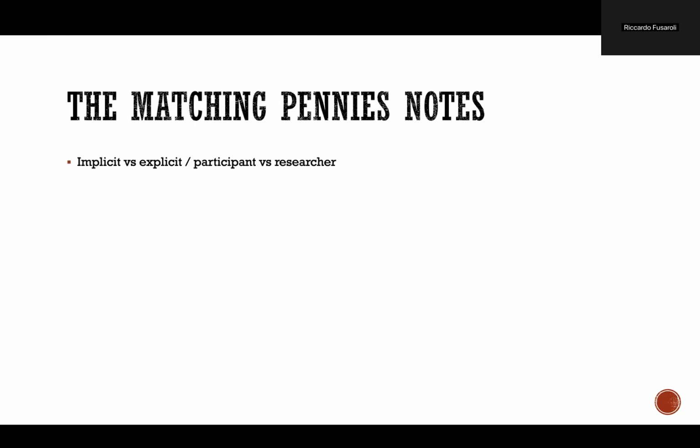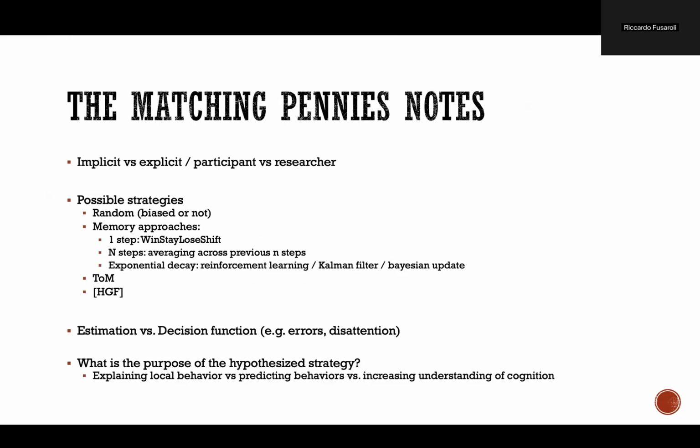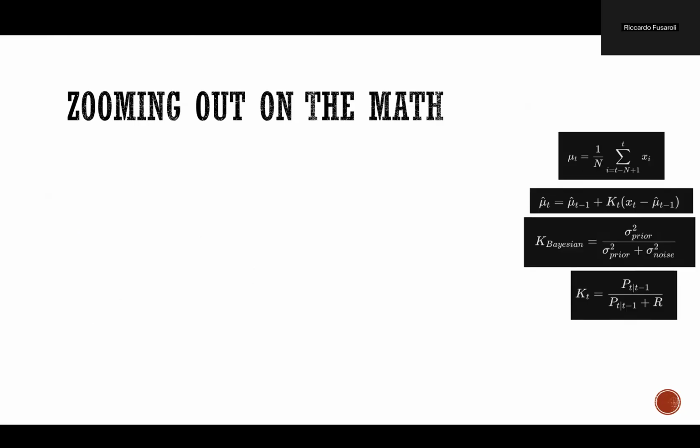I think I'm going to skip this because where I want to spend a bit more time is that we discussed some models last time that are actually related to each other, and I didn't spend enough time discussing that.